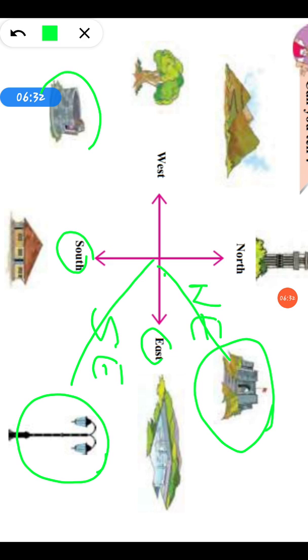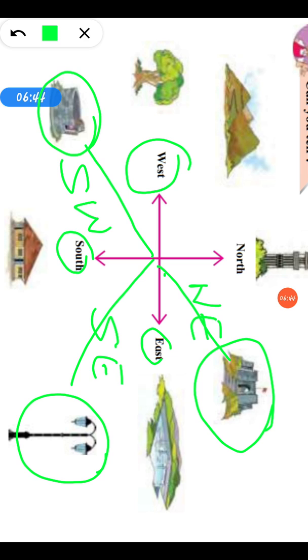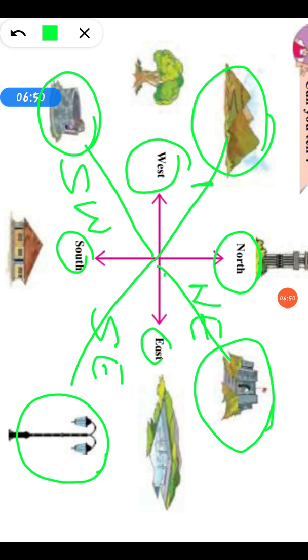Again, the well. The well is between south and west, so the subdirection is southwest, and the mountain is between west and north, so the subdirection is northwest.